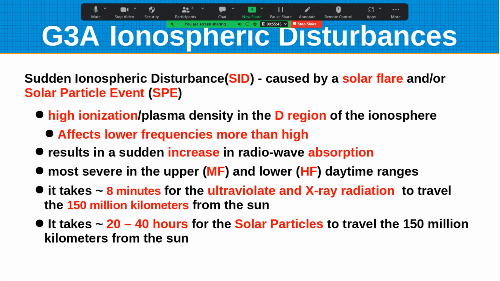For particles that have mass, it takes 20 to 40 hours to travel. So you see the effect of the high energy radiation within minutes, and you see the effect of particle ejections in days.